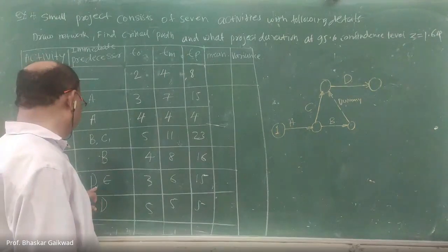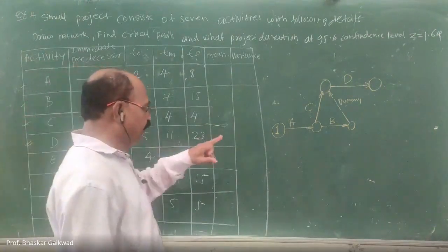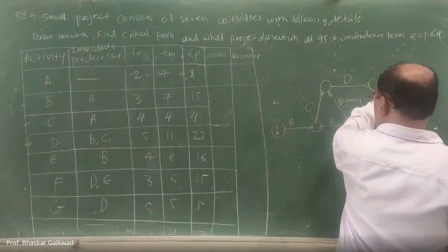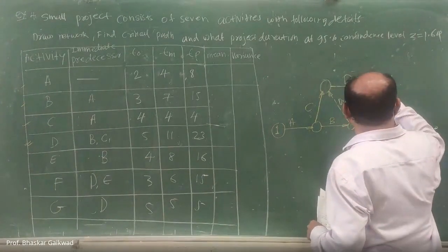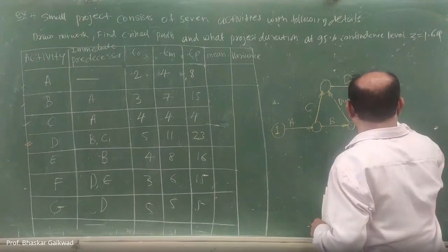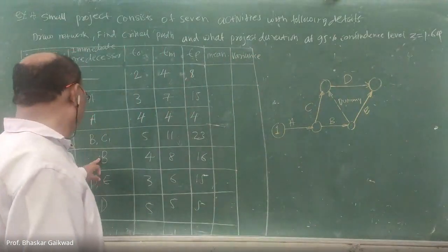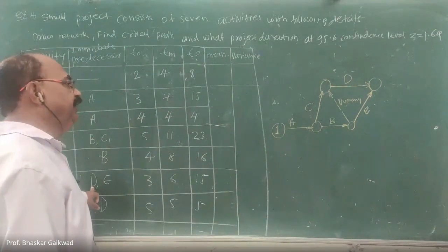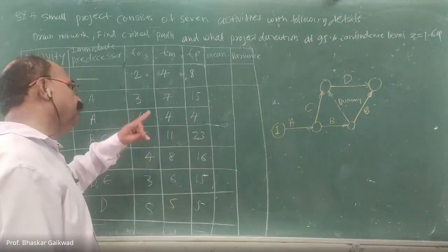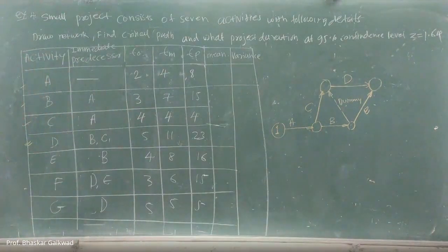E and D together means E will start from here and it will end at D. Because E will start from B and it will end at D and E, D and E will be together. And from D and E, F will start.